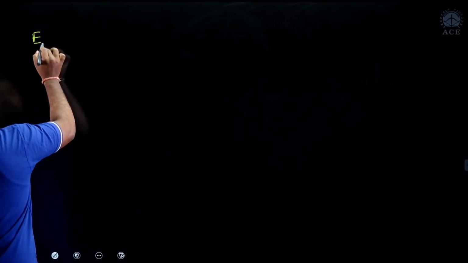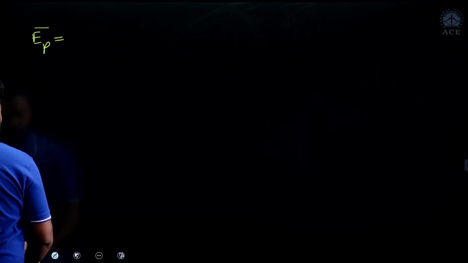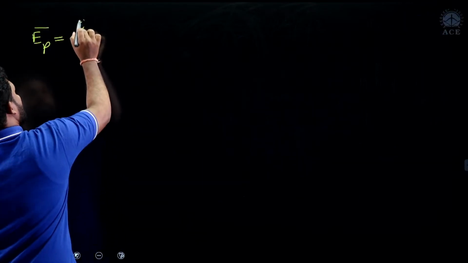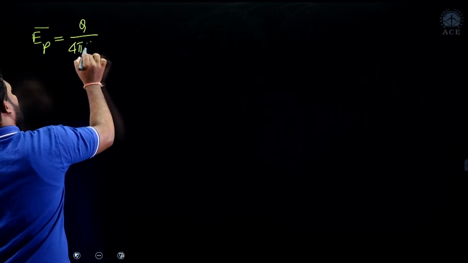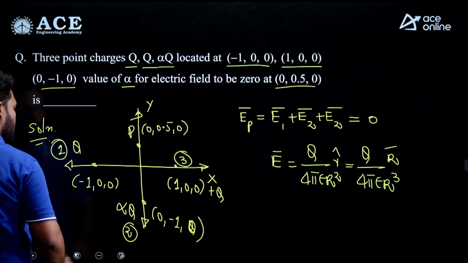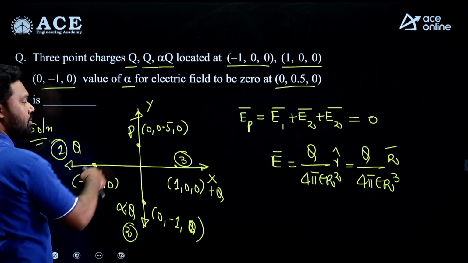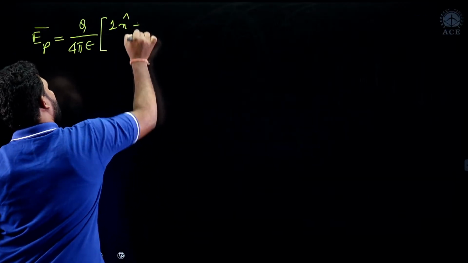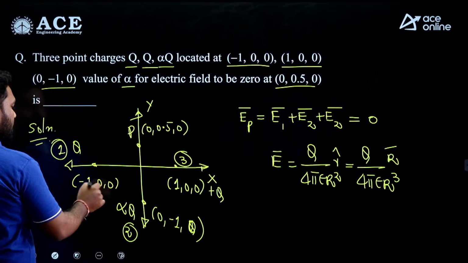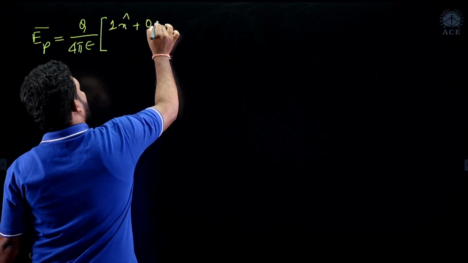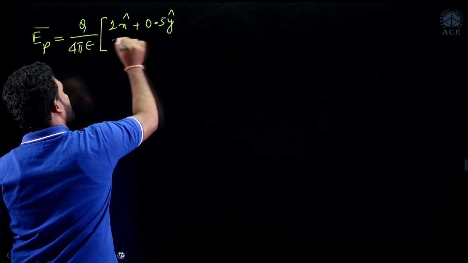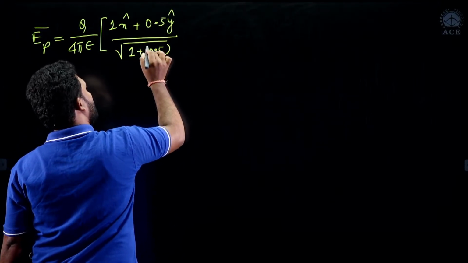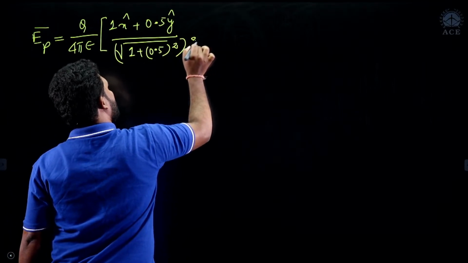So the electric field at point P is equal to, let me go back here, what is the electric field here? It is Q divided by 4 pi epsilon, the vector divided by its magnitude cubed. What is the vector? 0 minus of minus 1, it is 1 x cap, plus 0.5 minus 0, it is 0.5 y cap, divided by the magnitude cubed, which is square root of 1 plus 0.5 whole square, whole cube.